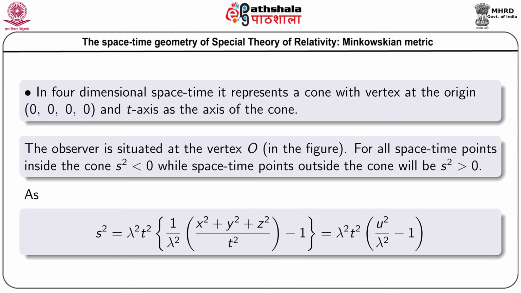Now, from the last expression we have s² = λ²t²[(1/λ²)(x² + y² + z²)/t² - 1], and that can be written as λ²t²(u²/λ² - 1).